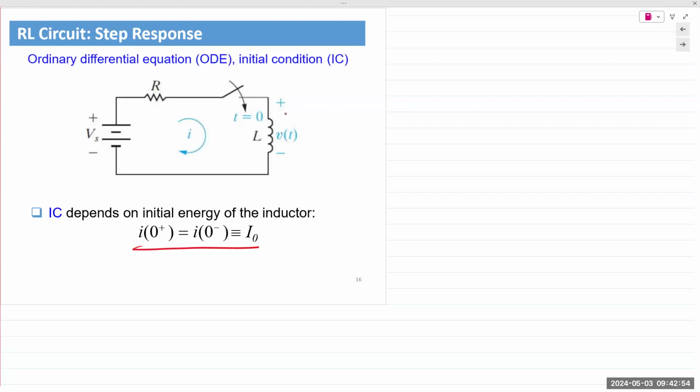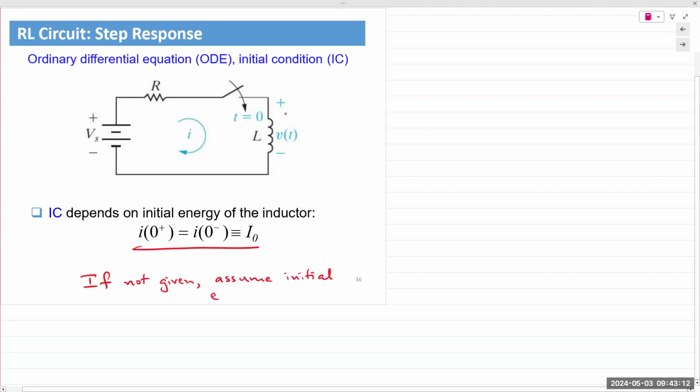If it says the switch was open for a very long time, we can assume it to be zero. Initial energy equal to zero.